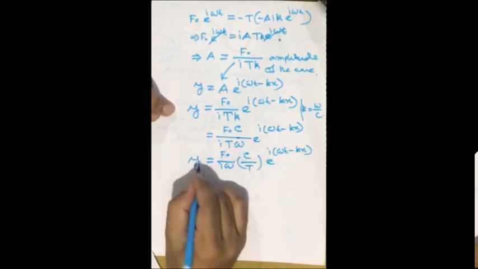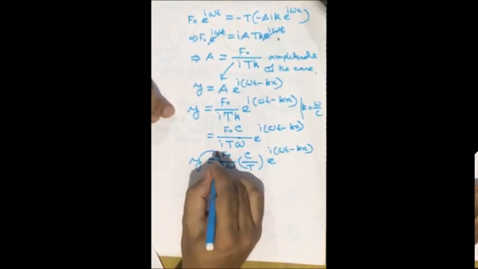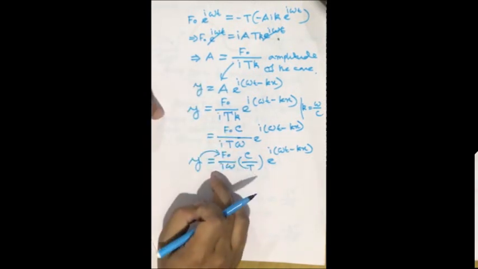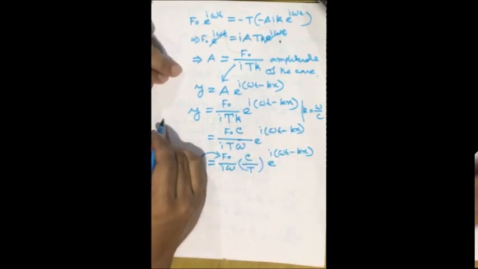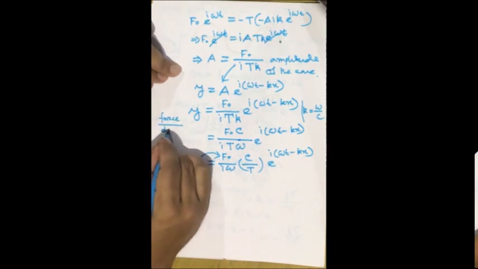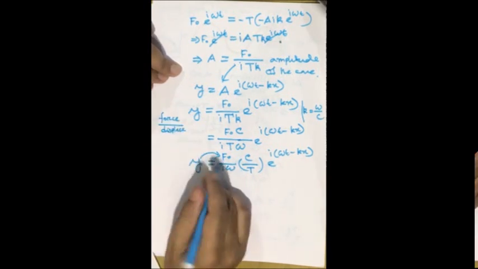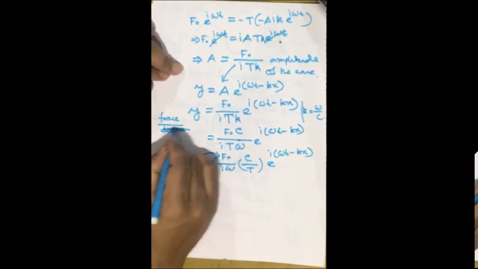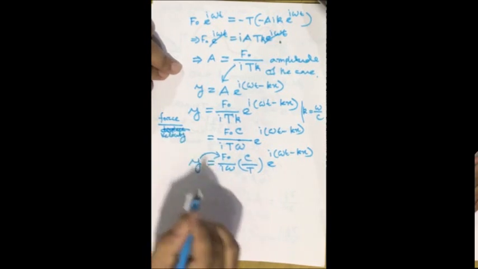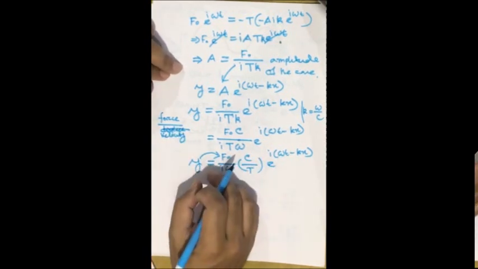So this is the displacement y expressed with respect to the amplitude of the applied force: y = F₀ c/(iωT) e^{i(ωt − kx)}. You see why I am doing it: I am interested in finding the quantity transverse force divided by transverse velocity.